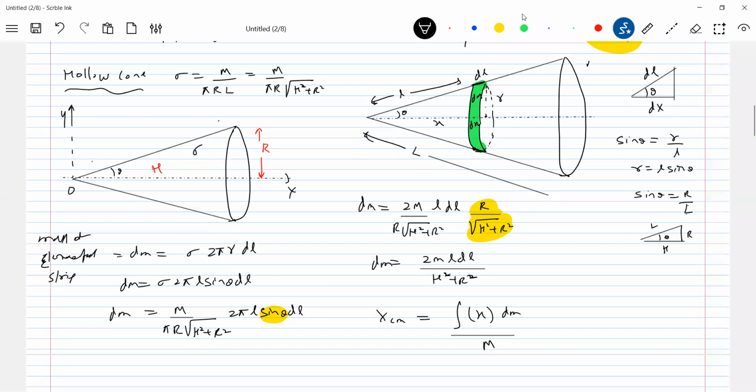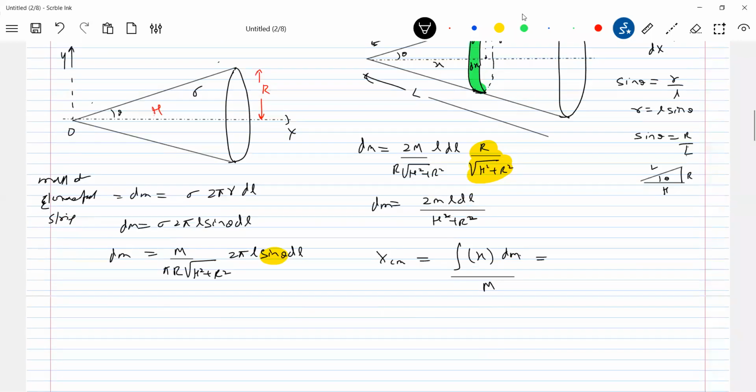In the denominator it is L into the root of h square plus r square. It will be this much only. Check it. r got cancelled. Correct.